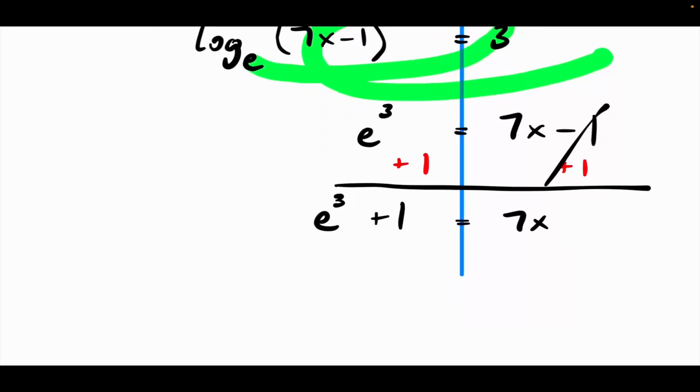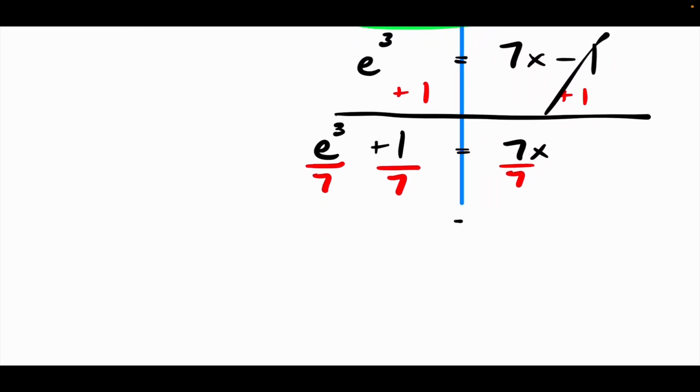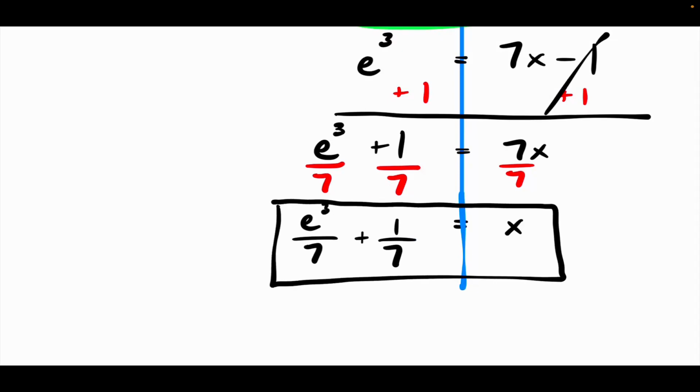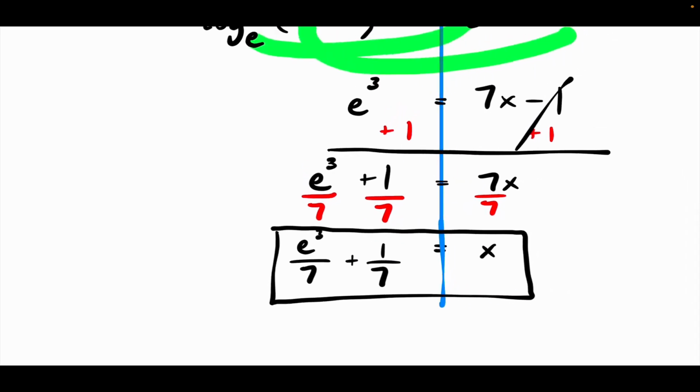Last step, get x by itself, divide by 7, except I'm going to divide each term individually by 7 because they each get divided by 7. So I get e to the third power divided by 7 plus 1/7. Since I can't reduce, I'm done. That's the answer they want.